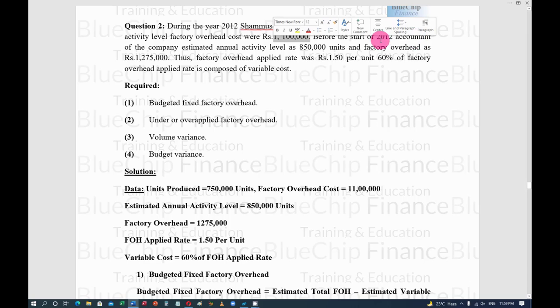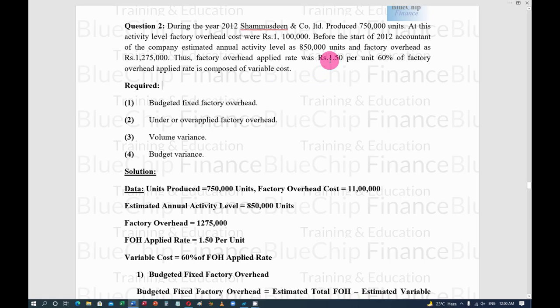The estimated annual activity level of 850,000 is the budgeted capacity, and factory overhead of 1,275,000 is the budgeted FOH. The FOH applied rate is also given per unit, 1.50, and 60% of it is composed of variable cost.